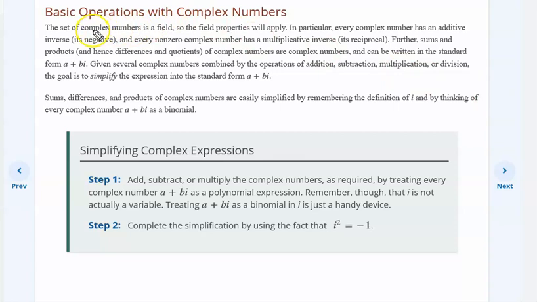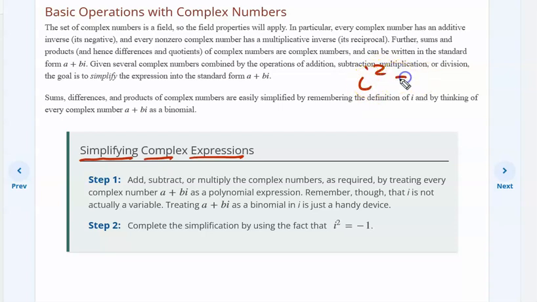Now, when we are working with complex numbers, adding, subtracting, multiplying, dividing, there is a protocol to follow when we are simplifying complex expressions. That is, we never leave i squared as i squared.